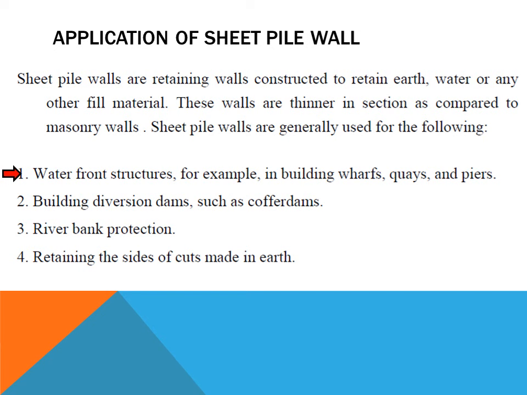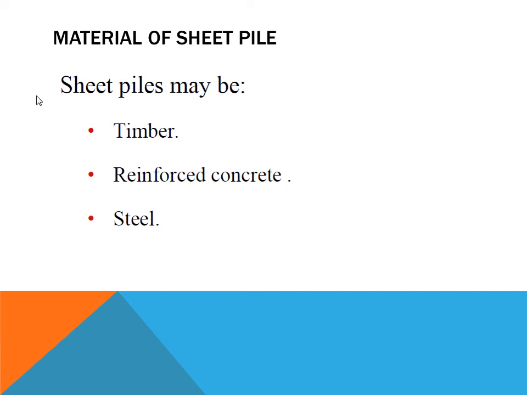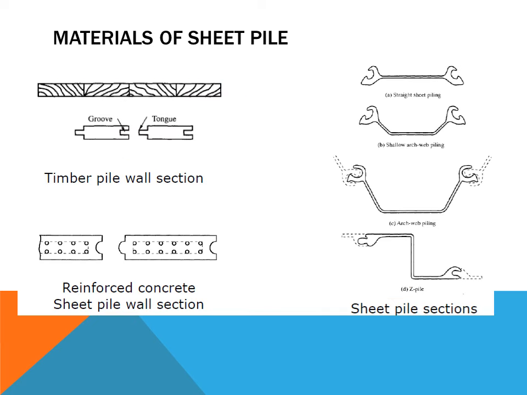Sheet pile wall can be used to retain the waterfront structure, second, as a building diversion dams, such as cofferdams, to protect the river bank, and lastly to retain the sides of cuts made in earth. The types of material that can be used for sheet piles are timber, reinforced concrete, or even steel, which is the most common material used.